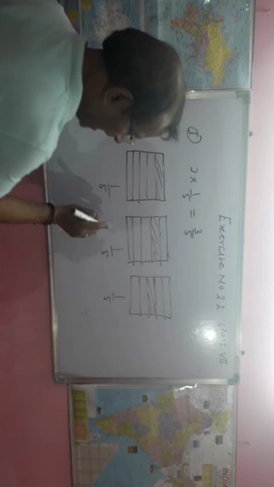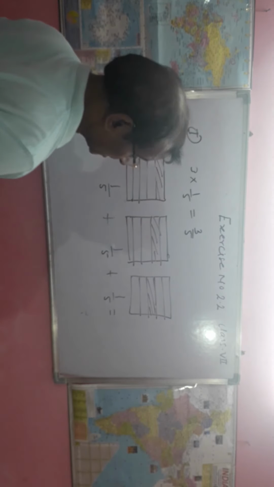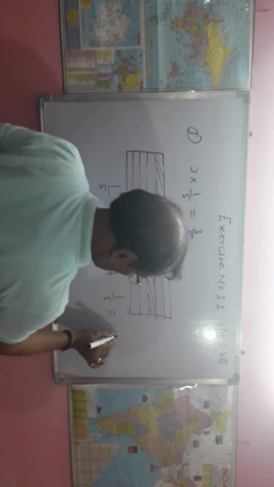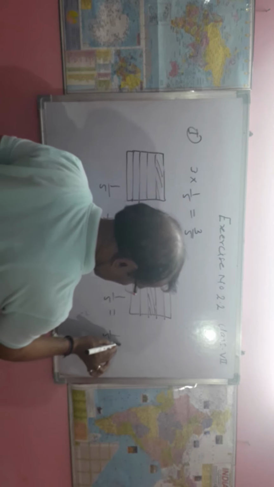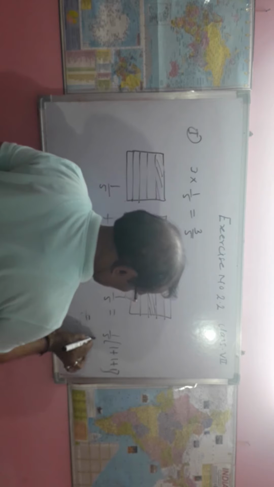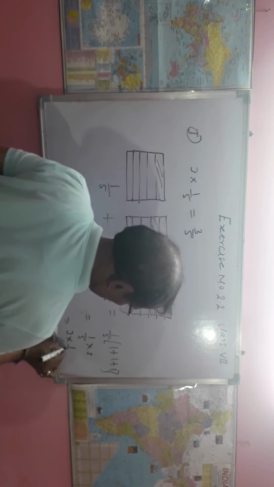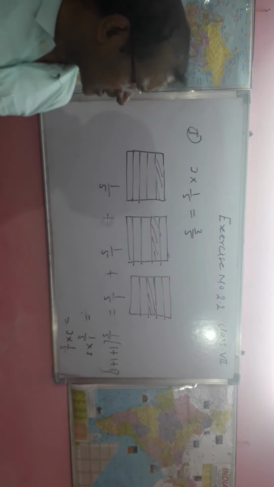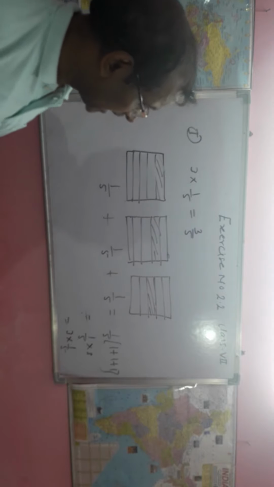Then we can add the shaded portions of these figures. We can take 1 upon 5 common, then we remain with 1 plus 1 plus 1, which is equal to 1 upon 5 multiply 3, or 3 multiply 1 upon 5. Now all the parts of this question we can do like this.